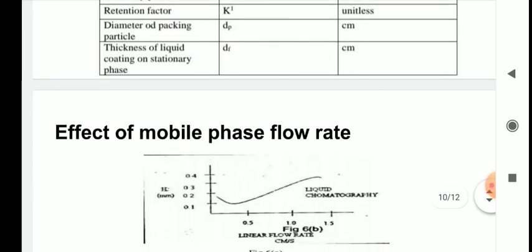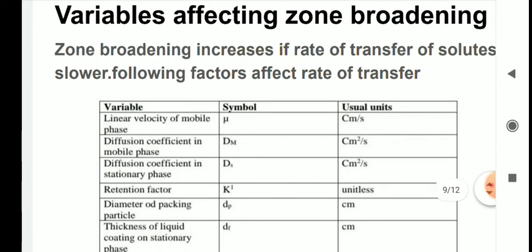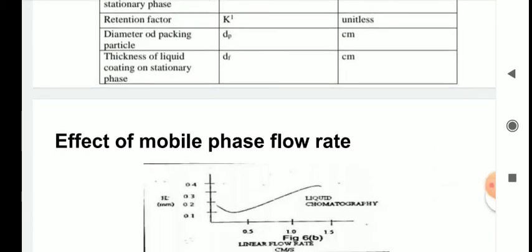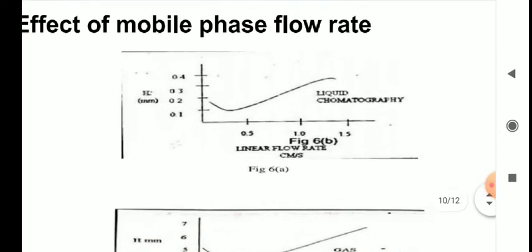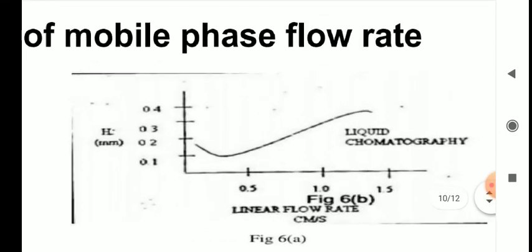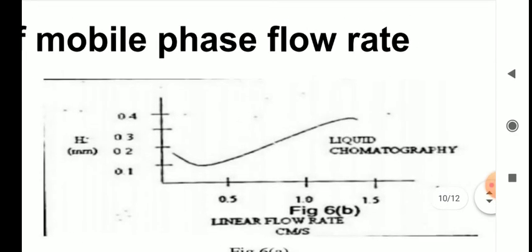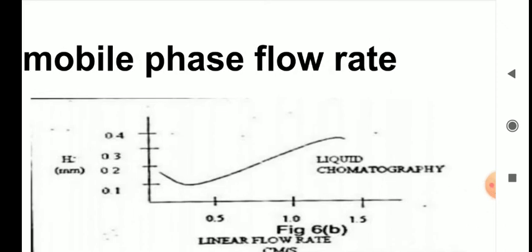Now, the first term we'll consider in detail is the velocity of the mobile phase, or the effect of the mobile phase flow rate. The mobile phase flow rate is one thing which you can control, but it will determine the efficiency of the column.